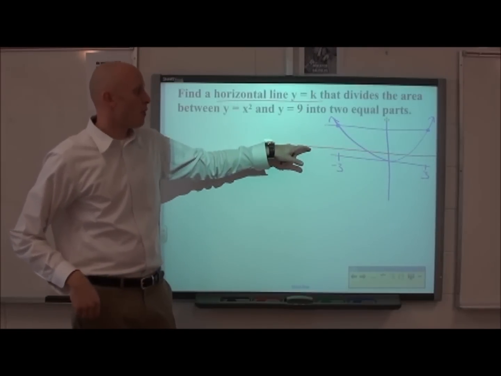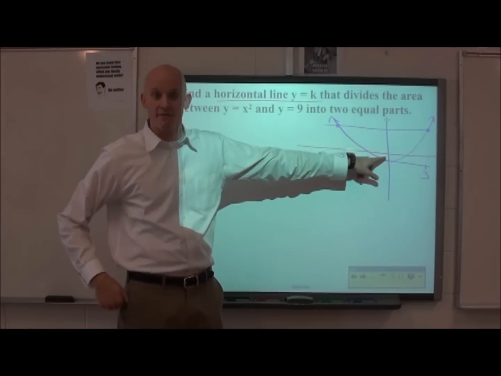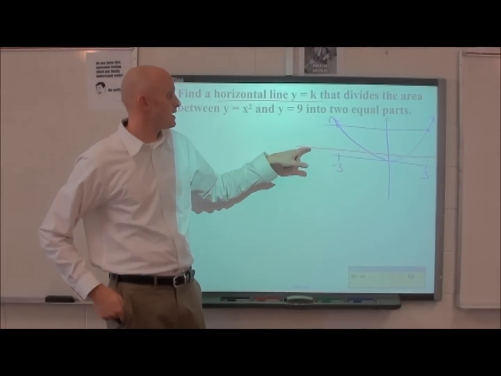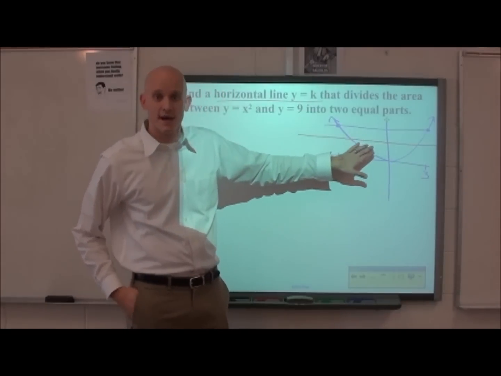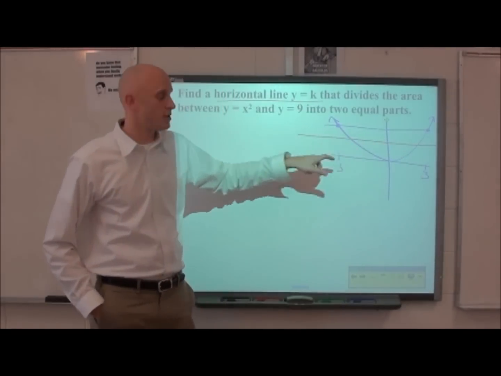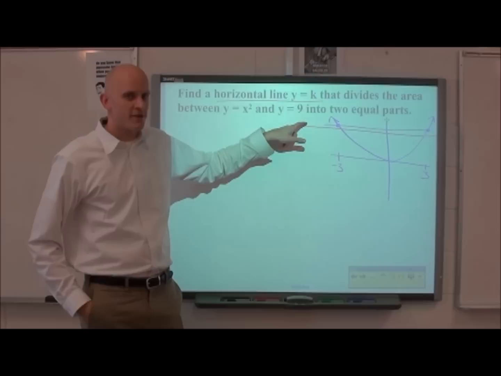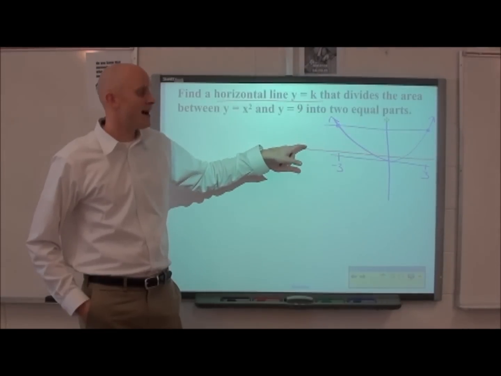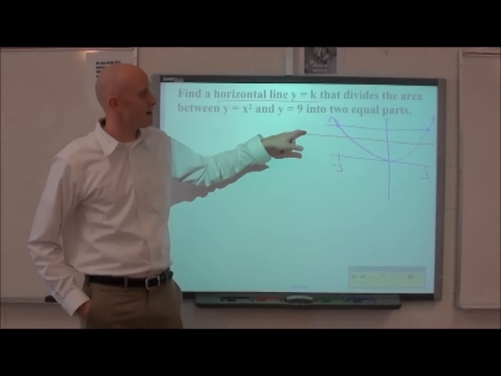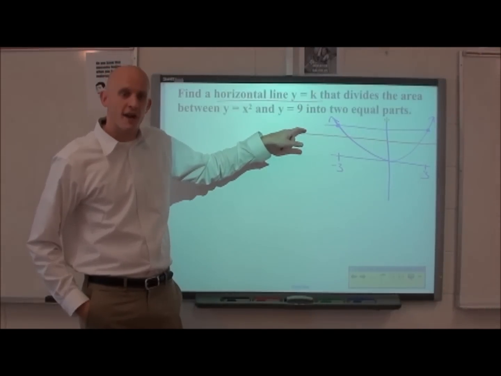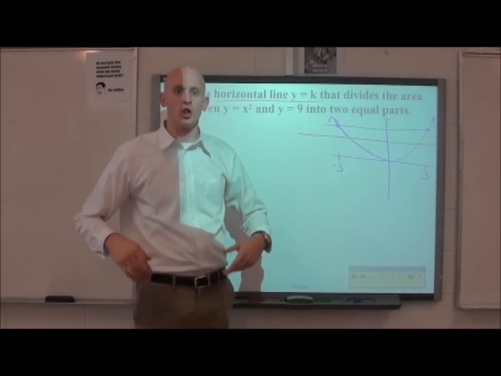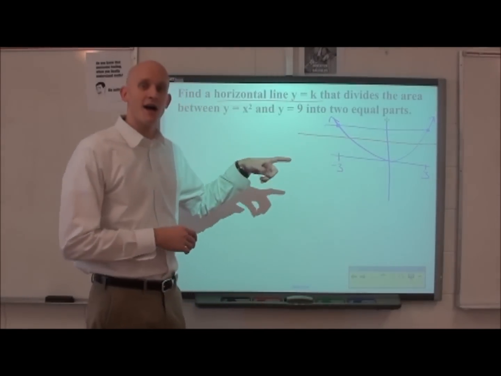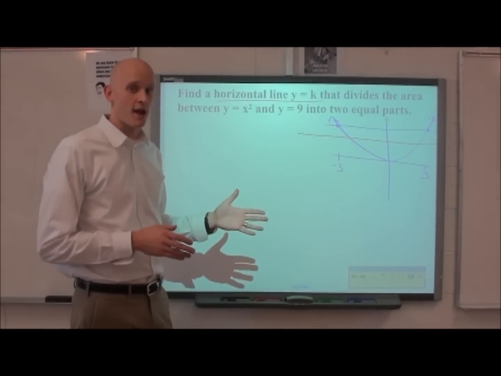There's a y value, a k value, somewhere in here that makes it so that the top part's area is exactly equal to the bottom part's area. Obviously it's not this high, and obviously it's not this low. There's somewhere in here where the areas are equal. That is the k value we're looking for. So this is the line y equals k.